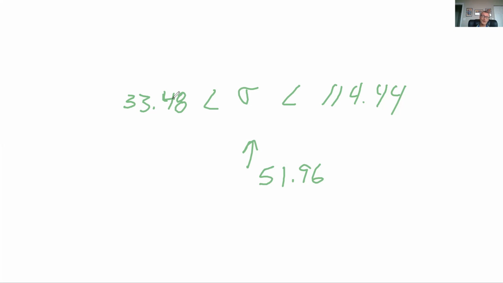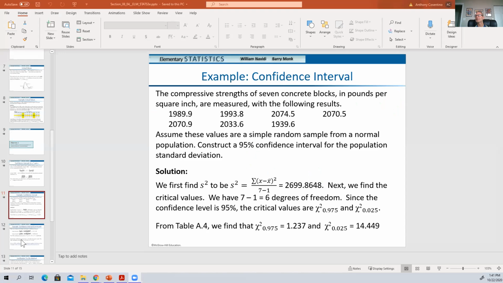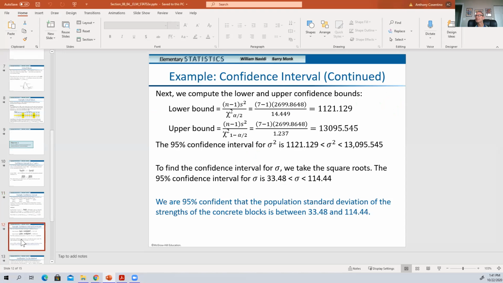Depending on the degrees of freedom, as n gets bigger, the number is going to get closer and closer to being in the center. With just 7 samples, you would see that the number isn't very close to the center. I always find that interesting. All right, and so that's the calculations that we did.